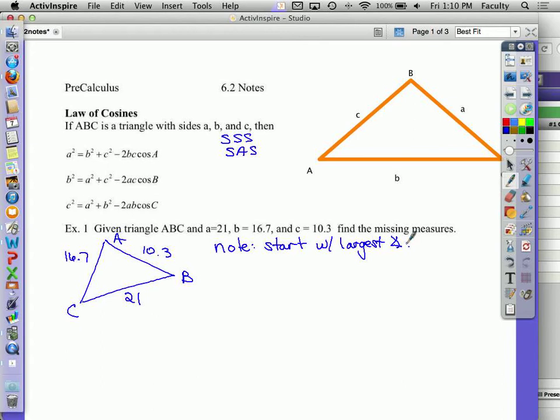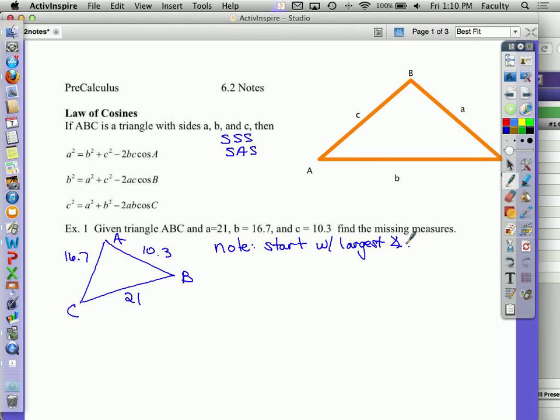So let me say that again, that's very important. When you're using law of cosines, you need to start with the largest angle and go down from there. Because if you don't, if you picked like a smaller side and then you go to find a bigger one, now you've got a case of two triangles or no triangle, and you won't know which one you had. But if you have a side, side, side, it should be one unique triangle. There shouldn't be a problem.